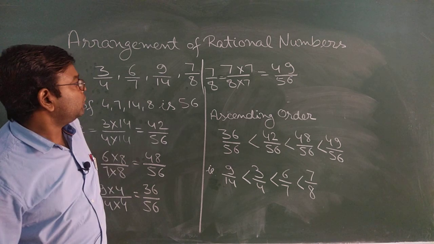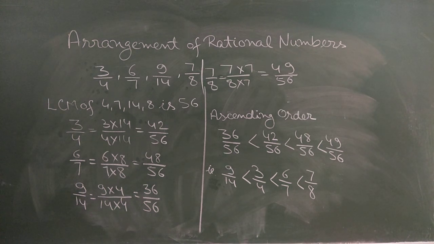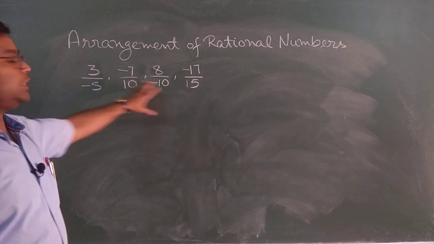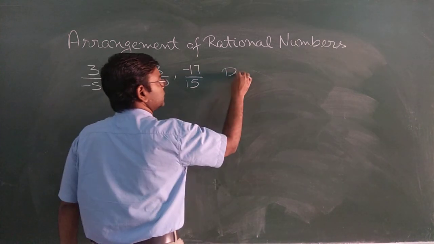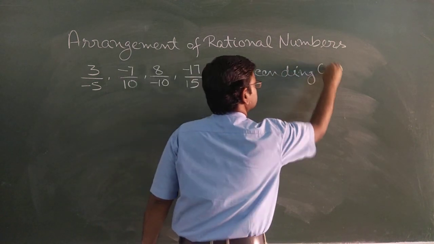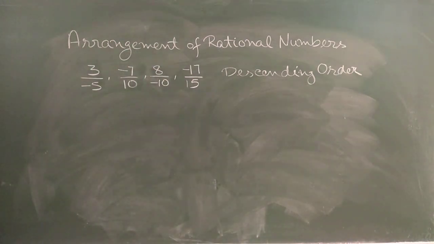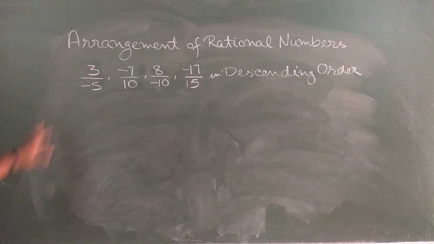Let's try to solve one more question and complete today's video. In this question, we are going to arrange these rational numbers in descending order. Remember, in descending order. First, what is our first work?